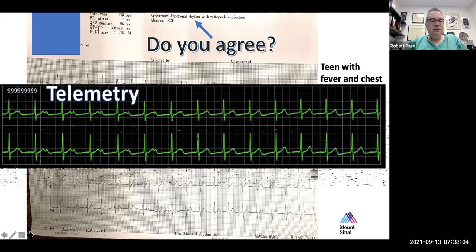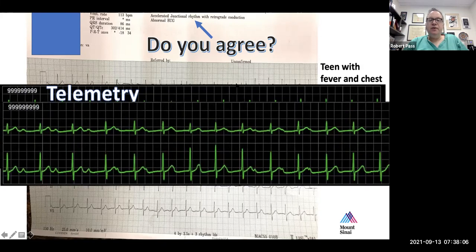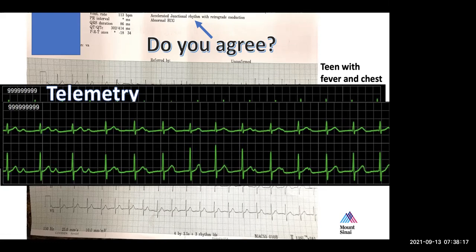It was, in fact, a first degree heart block, which would go more with the diagnosis. And it turns out that the troponin level was elevated in this patient, and they, in fact, did have myocarditis.